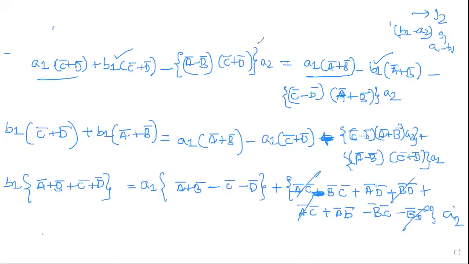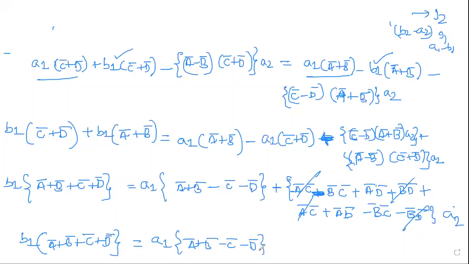So you'll be remaining with the terms, that is B1 into A bar plus B bar plus C bar plus D bar, which is equal to A1 into A bar plus B bar minus C bar minus D bar plus this term, it will be 2 times of A bar D bar plus 2 times of B bar C bar into A2.